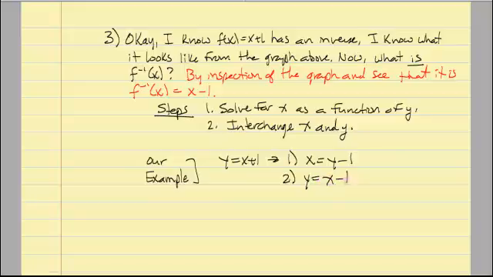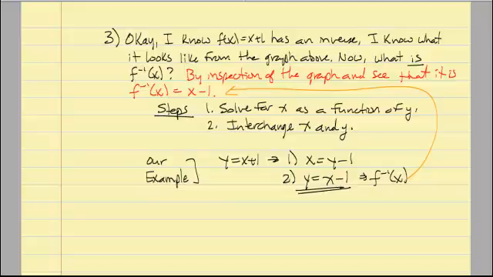So this is f inverse of x. And what's really nice is it's exactly what I thought it would be by inspection. So this worked out pretty slick. Now again, not all the time can I do this. Sometimes I'll run across a function where I cannot solve for x as a function of y.